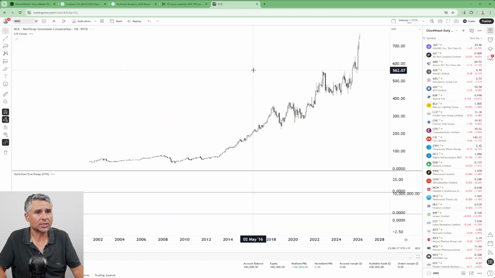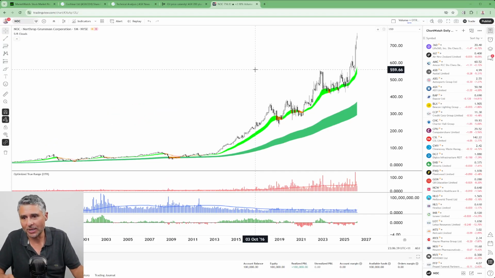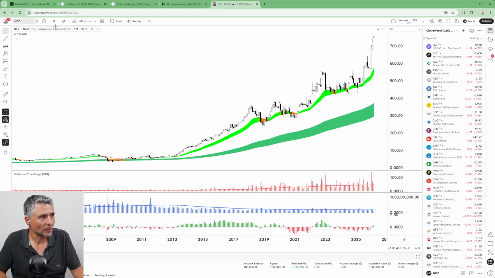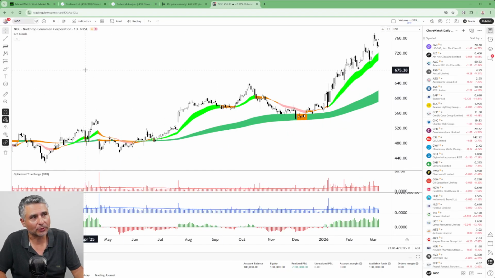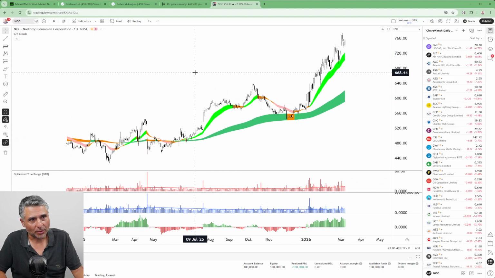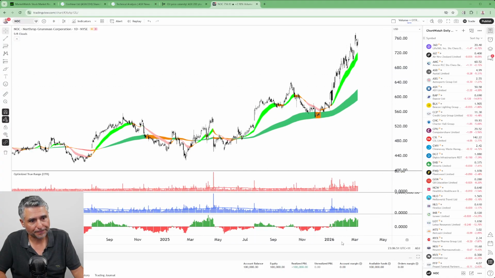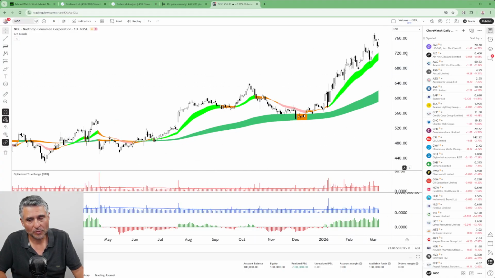There we go, NOC. So obviously a defence company trading as a defence company would when there's a war on anywhere around the world, of course, but particularly one, I guess, that the US is involved in. Yes.